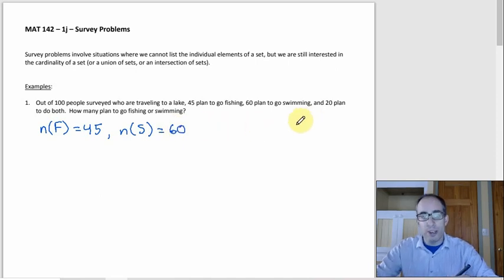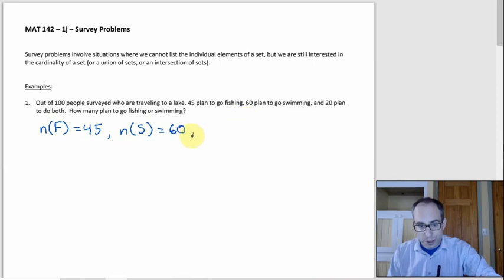And then both is an and, right? Both would be fishing and swimming, but in terms of set notation, and translates to an intersection. So the cardinality of F intersect S is going to be 20.